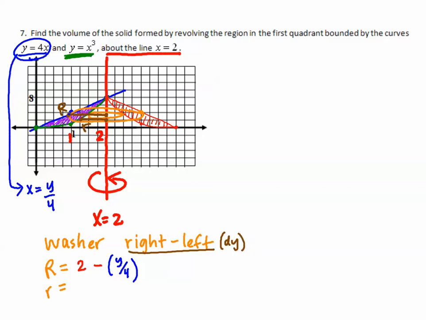Let's look at little r. Little r starts on the right side, again at x equals 2. The left side is the green curve, y equals x cubed. But I have to solve for x. So x equals y to the 1/3. So y to the 1/3 goes into my little r.